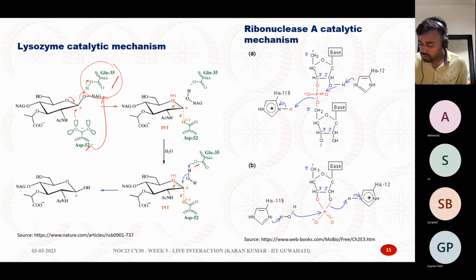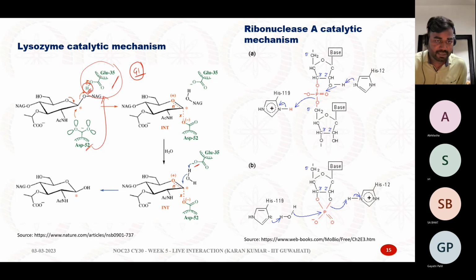So in that case, glutamic acid 35 will become ionized and it will accept the proton, and the first step itself will not proceed because it is ionized. When it donates the proton, only then will it go into the negative charge.